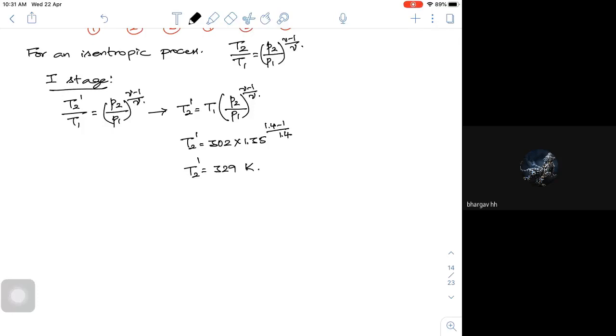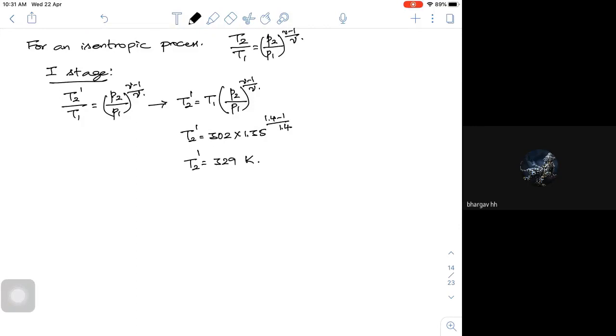Now, we know that the isentropic efficiency is given by isentropic compression, that is Cp into T2 dash minus T1, divided by Cp into T2 minus T1.